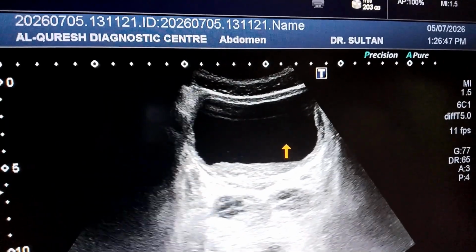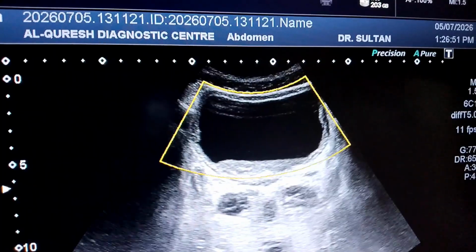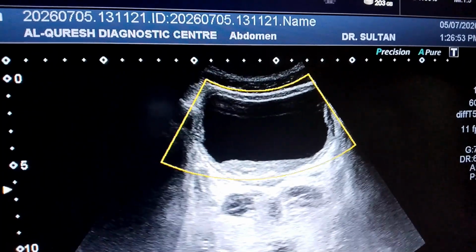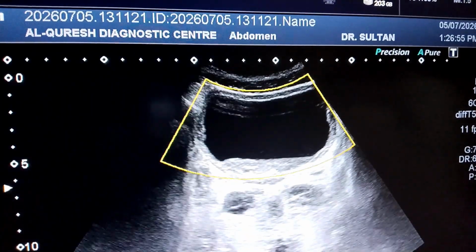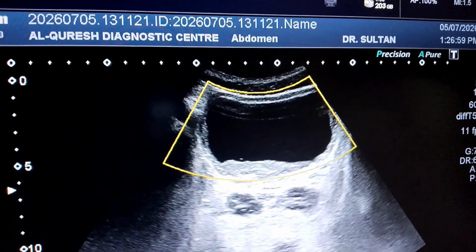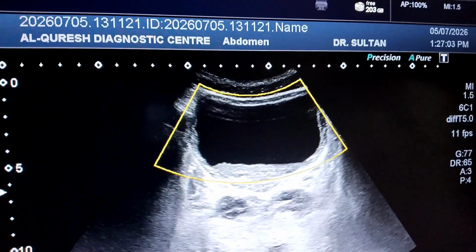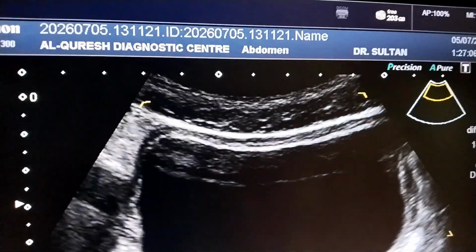So when we have seen such a sonographic picture, we should zoom the image so that we can have better and clear visualization of the urinary bladder and its wall and any contents within the urinary bladder. So I'm going to zoom it.